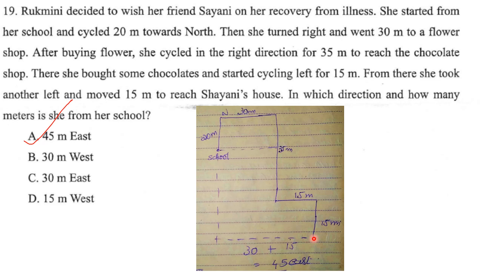In which direction and how many meters is she from her school? So this is the direction and this is the school. So this is the direction where she is from her school. And how many meters? It will be 30 plus 15. 30 plus 15 is 45 meters east. So the answer here is option A.